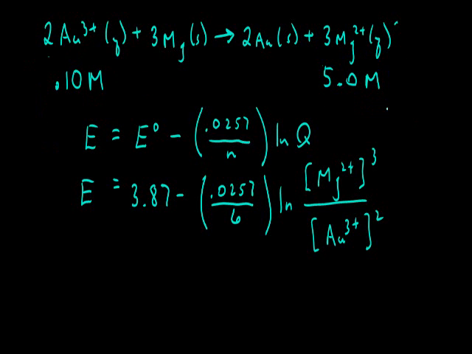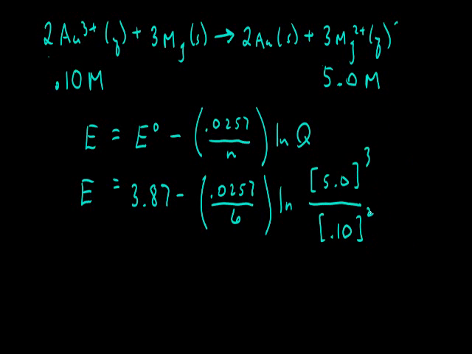Again, we have our Q expression, which is our magnesium or product concentration cubed, divided by our reactant concentration, the gold ion, squared. Once again, our value for n is 6 because we had 6 electrons being traded in the reaction when we balanced it to make sure the number of electrons gained and lost were equal in the equation.